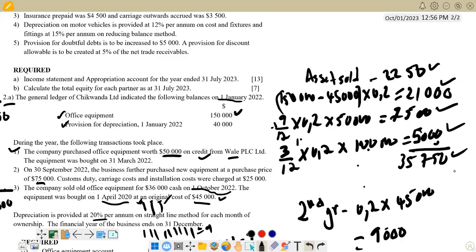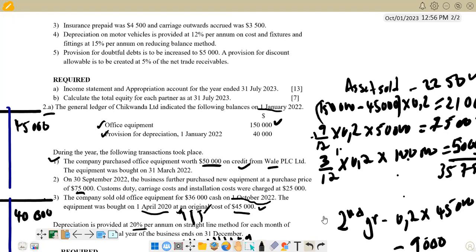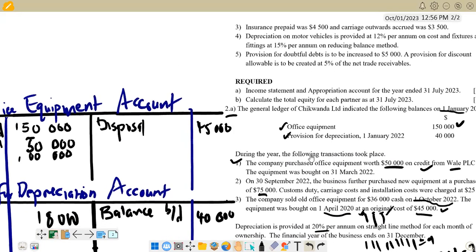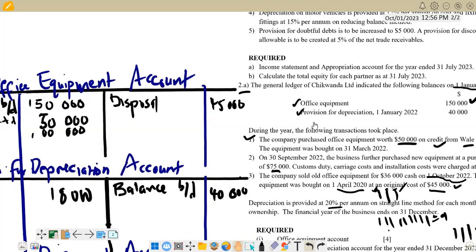For this depreciation, the double entry is that we credit the provision for depreciation account and debit the profit and loss account. So we go to our accounts and do that on the provision for depreciation account now.